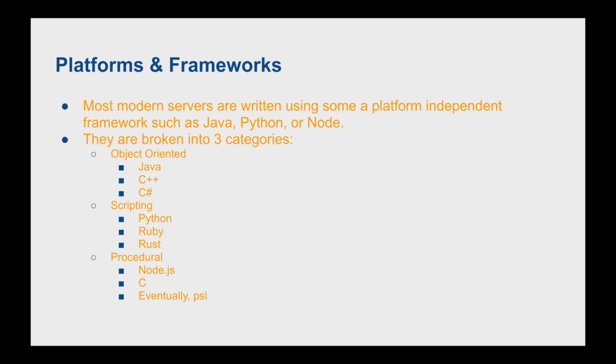So there's object-oriented. The most common ones that are object-oriented are Java, C++, and C#. There's also Objective-C, but that's not going to be covered in this course for the most part. We also have scripting languages, which are Python, Ruby, and Rust.